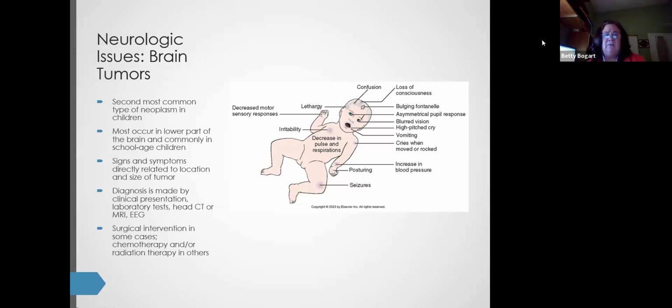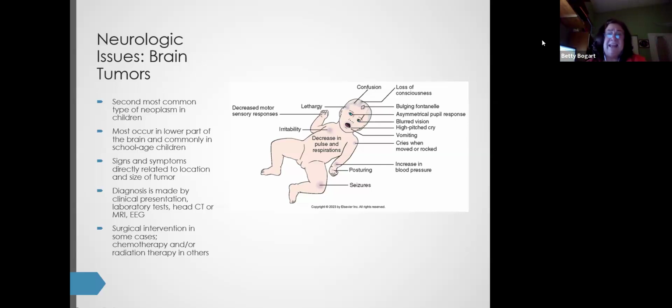Now, how do we make a diagnosis? Well, number one, what the kid looks like, what you're seeing. And then, of course, labs are going to be looked at. We're going to be looking at a CT or MRI. And if you get a CT and there's a tumor, absolutely an MRI.